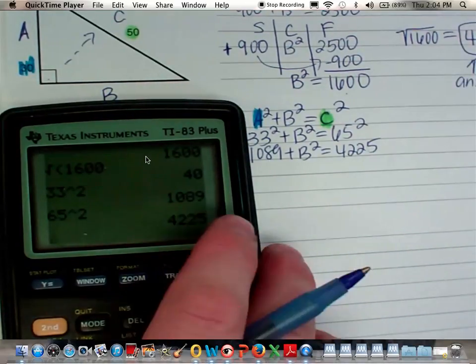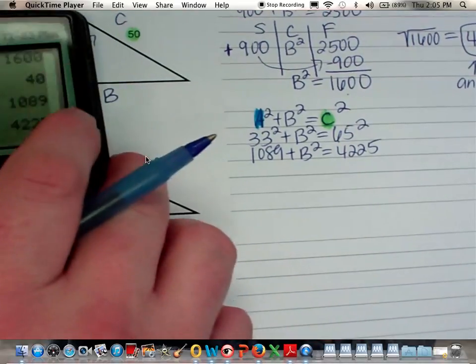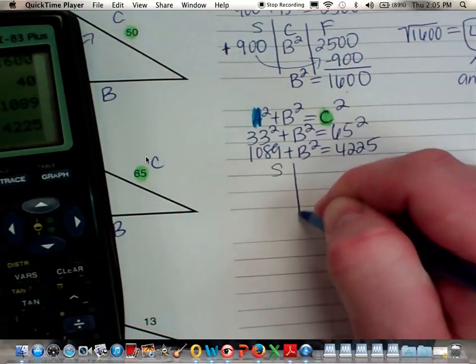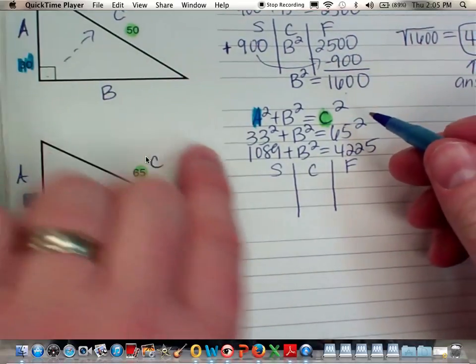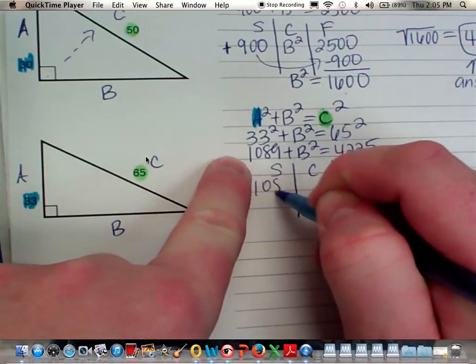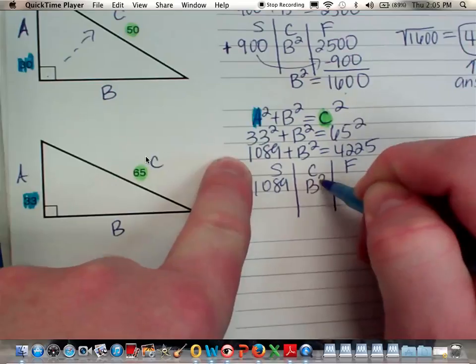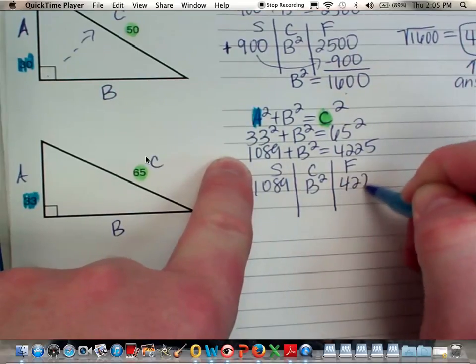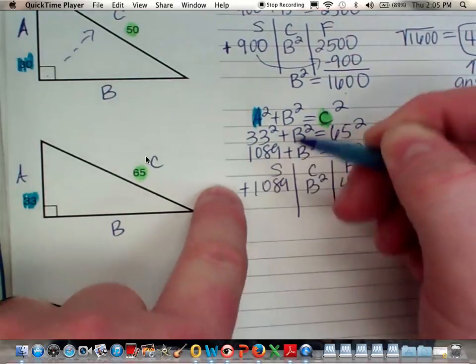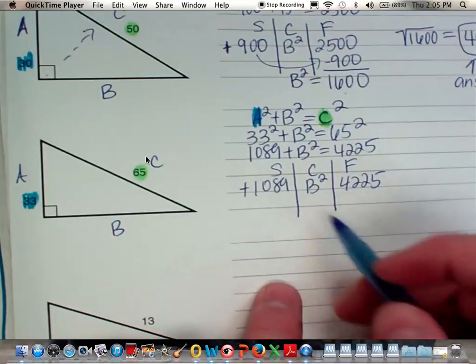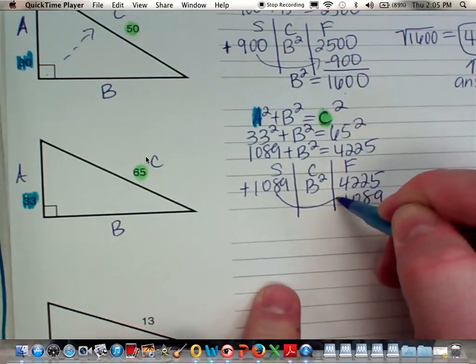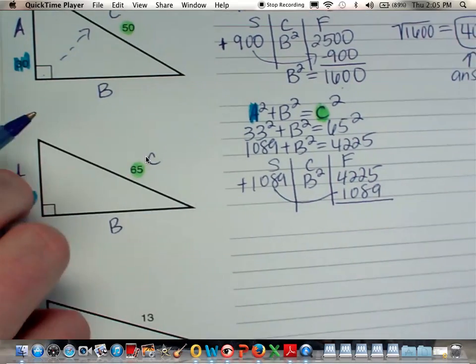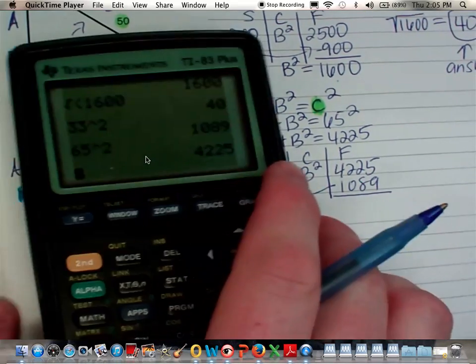Now I can use my start, change, and finish. And my start here is 1,089. My change is b squared. My finish is 4,225. And this is a plus. I'm going to do the opposite here by subtracting. And I can put that right there in my calculator now.